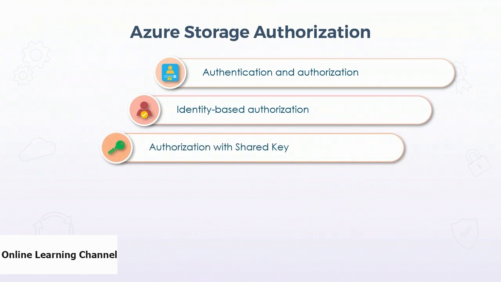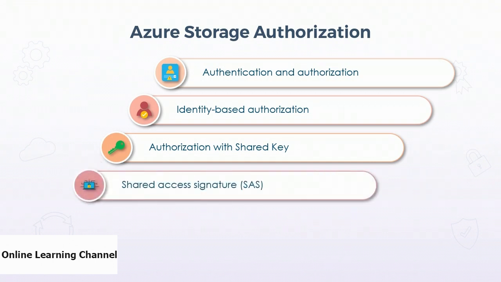Blob, File, Queue, and Table services all support authorization with shared key. This is a key that's generated when the storage account is created, which clients need to send via a header when making requests. An administrator can regenerate this key if necessary. A shared key is not as flexible or secure as RBAC, or role-based access control, because it's not associated to an identity.